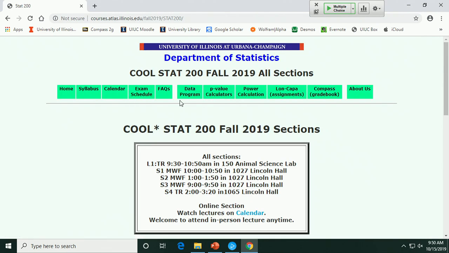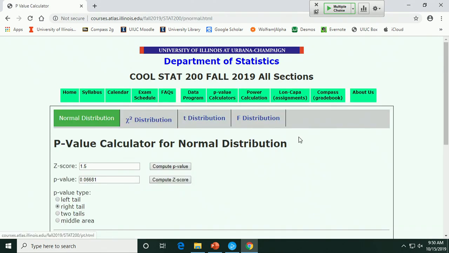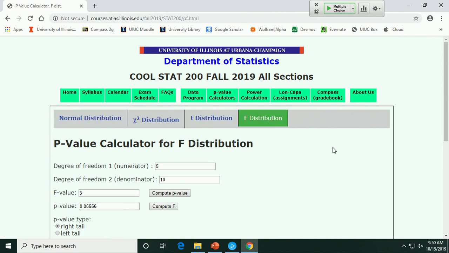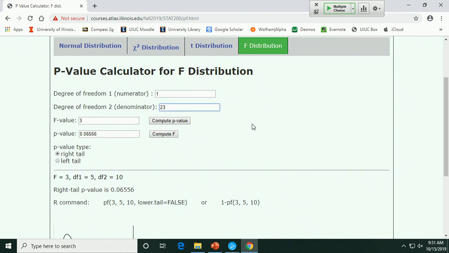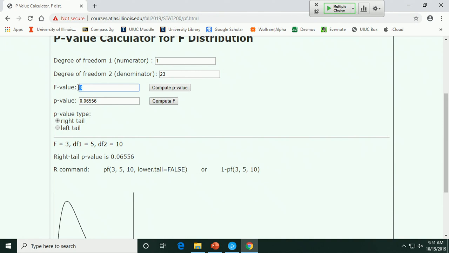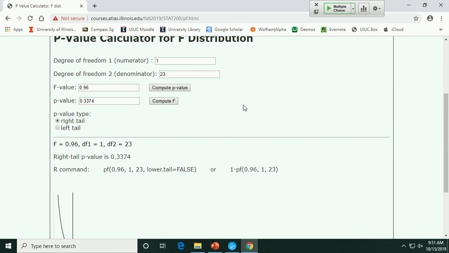Here's our usual calculator. Now we're going to the F distribution, and we have 1 degree of freedom in the numerator and 23 in the denominator. We got a statistic of, what was it, 0.96. Right, and we want to compute a p-value.